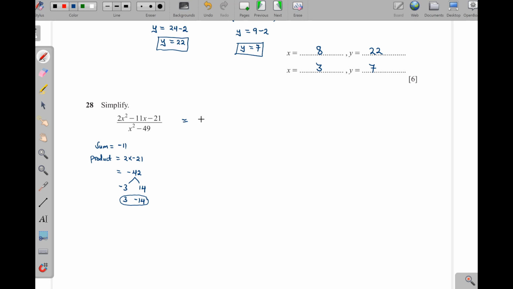So that means here we shall have 2x squared, then minus 14x. So these two numbers, I put them in the place of what? Of x. So we shall have 14x here, then minus, I think there is a plus 3, okay, because this one is positive. So plus 3x, then minus the 21. Then we divide by, this is a difference of two squares.